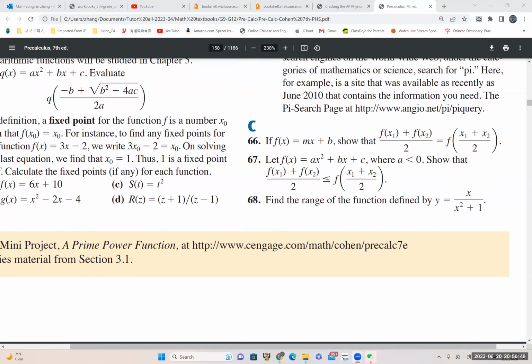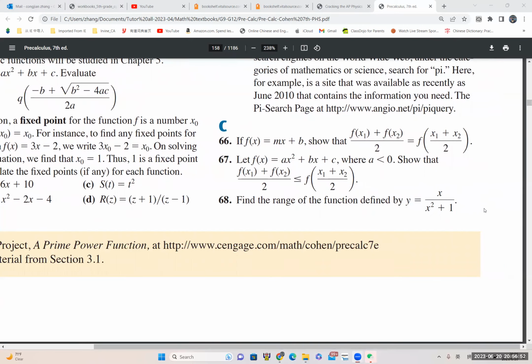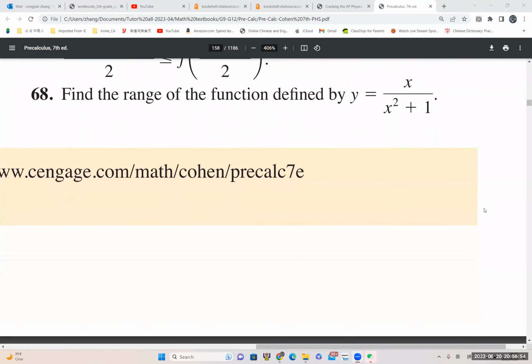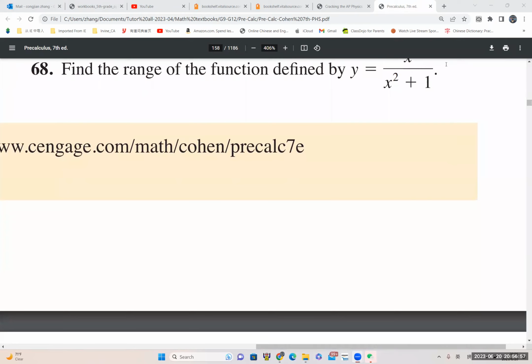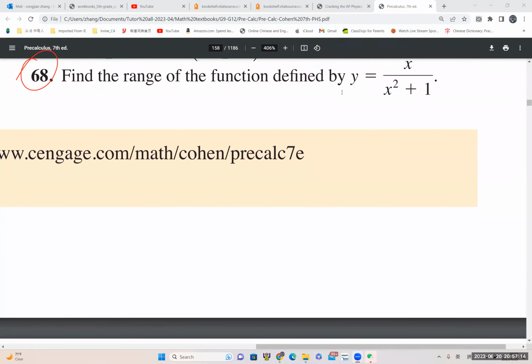How about we do 68? Another range problem. Yeah. We still have 3 minutes. Oh, hold on. I didn't show x. Okay.